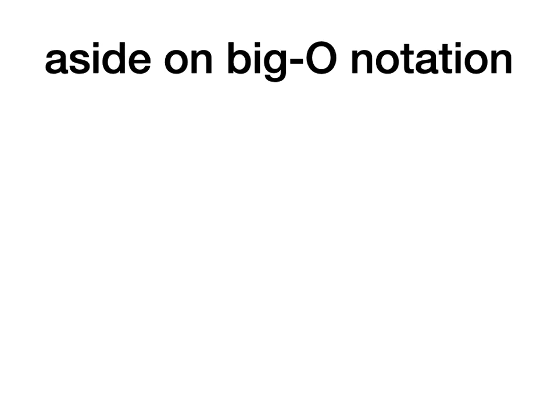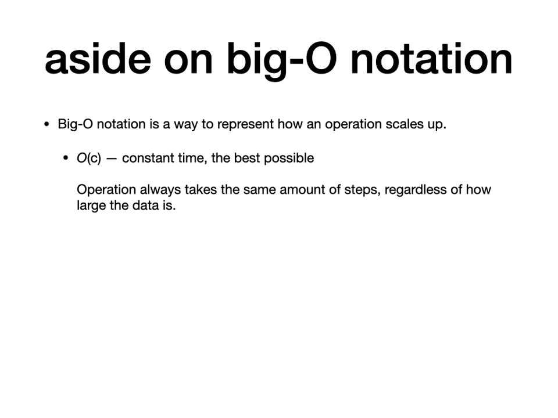So we use what's called big O notation to talk about runtime and how an algorithm scales up. So big O is how to represent that. Big O of C, for example, is constant time. This is the best possible thing. The operation will always take the same amount of steps, regardless of how large the data is.